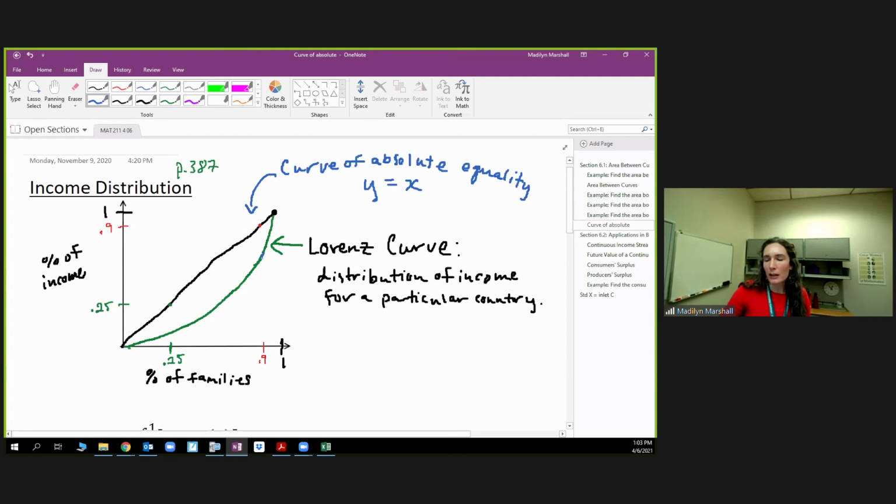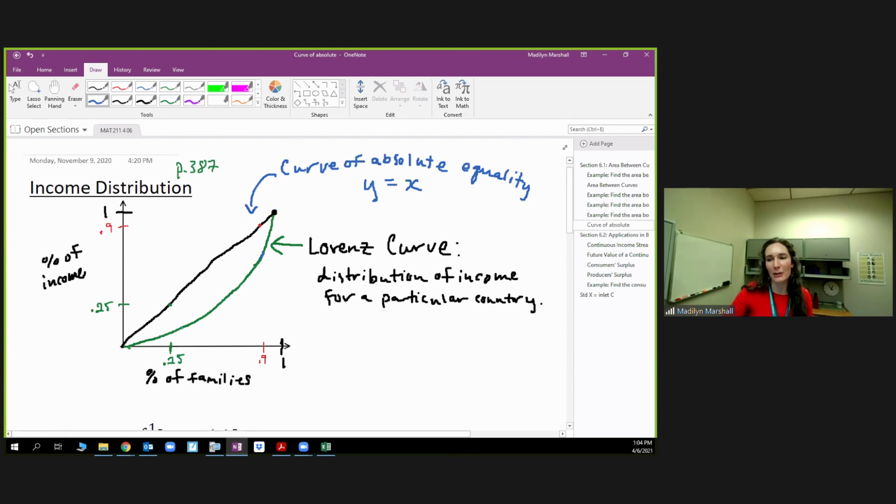I'm going to have to think about whether it would actually be possible to still show income distribution with a concave down curve. But no, the general format of this is that the Lorenz curve will always be underneath. It always has to start at 0, 0 and 1, 1.